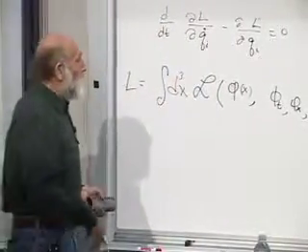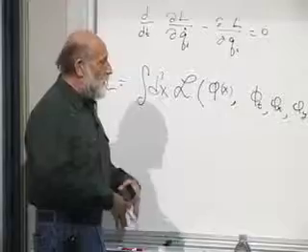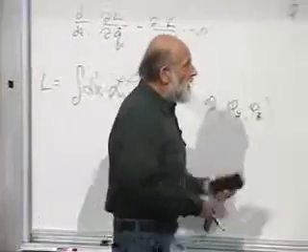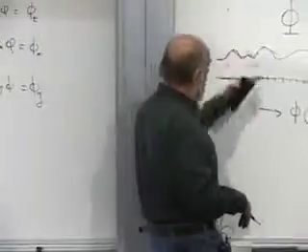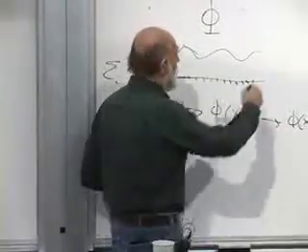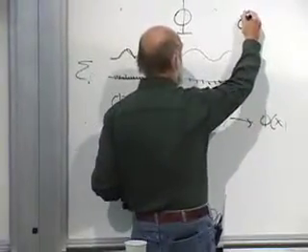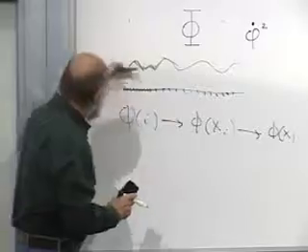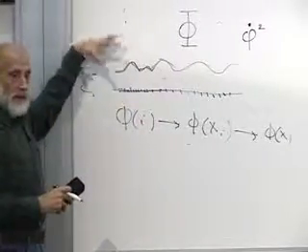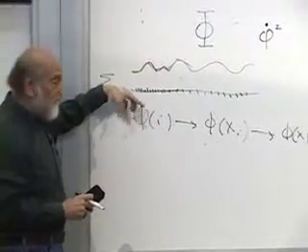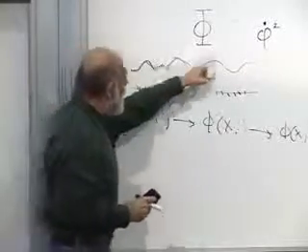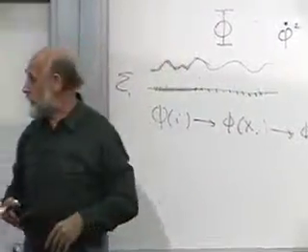All right, now first of all, what is kinetic energy and what is potential energy? In the example we worked out here, the Lagrangian had, for example, phi dot squared in it. That was simply the kinetic energy of every point oscillating up and down. When we thought about it as a string, phi dot squared was the kinetic energy.